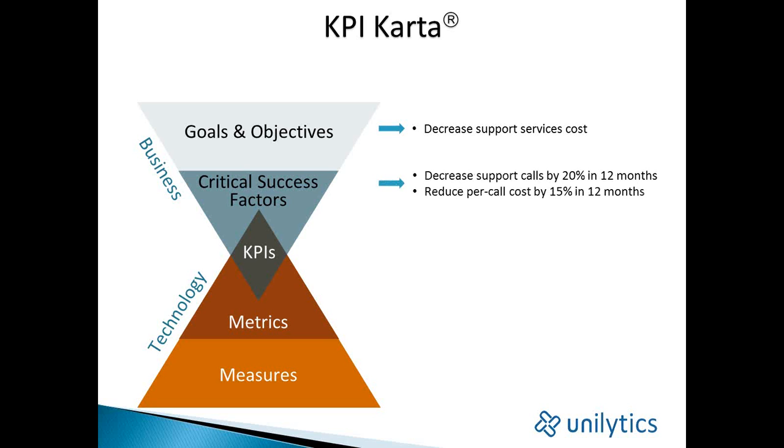But if we're going to try to decrease that, we might look at decreasing the support calls by 20% in 12 months, or reduce per call cost by 15% in 12 months. The KPIs then might be the ratio of call center calls to online support, or self-service registration per visitor, so we want that to increase, or we want to look at the cost per calls over time.